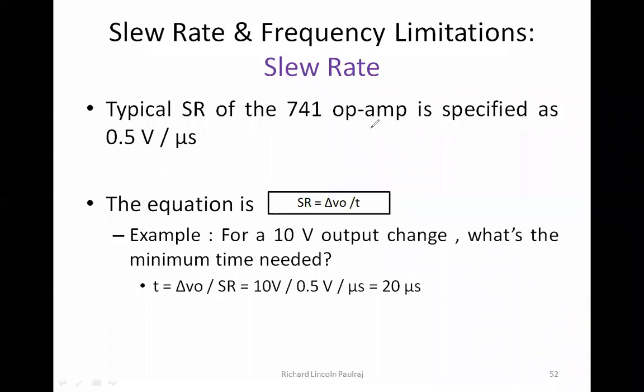The typical slew rate of a 741 op amp is about 0.5 volts per microsecond. What do you understand by this 0.5 volts per microsecond?